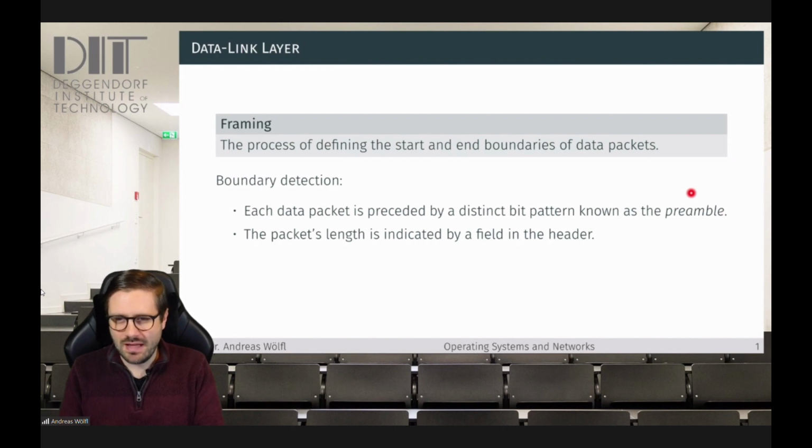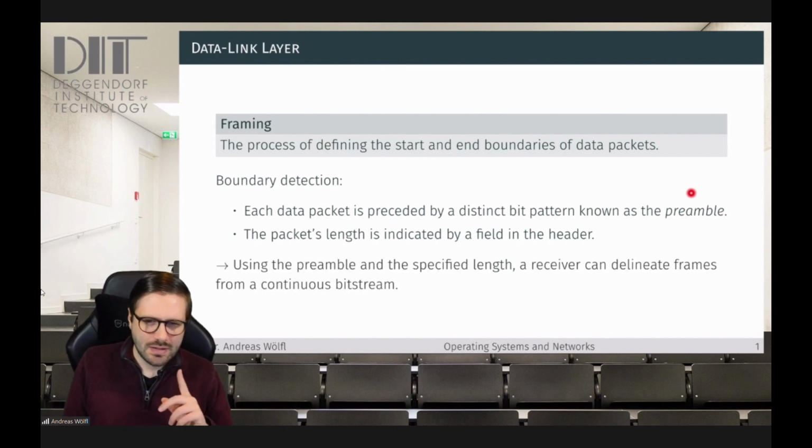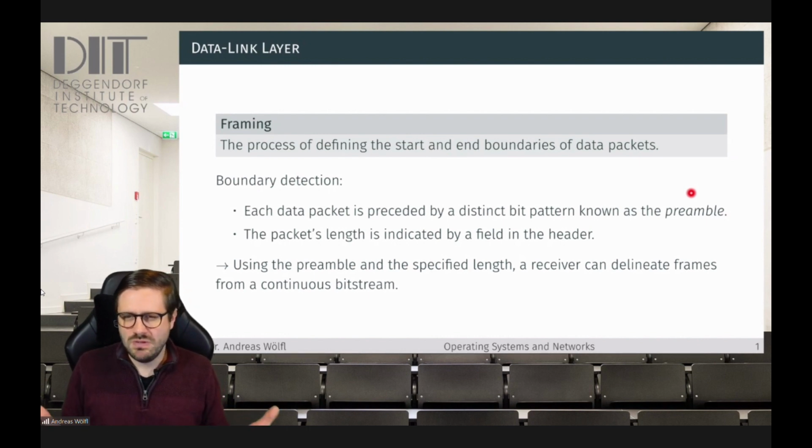And the packet's length can be stored in the header, for example. And we will see that this is actually the case, but there's another story on the length field in the data link layer. But in theory, using the preamble and the length, we can detect start and end of packets and perform the packetting process on the data link layer, given the bits from the physical layer.